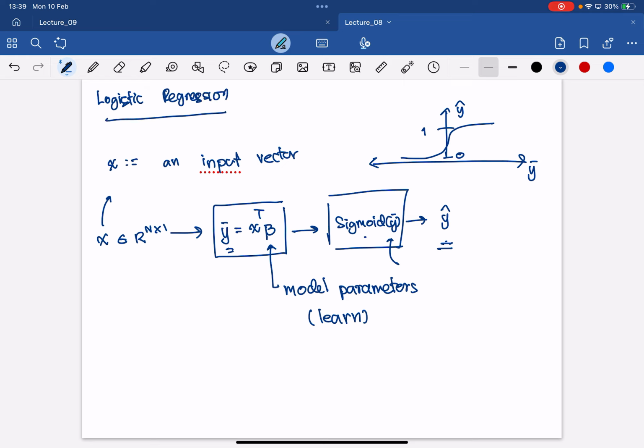What is the importance of logistic regression is that whatever we get as the output here, since it's a value between 0 and 1, immediately, if we use a thresholding of maybe 0.5, you can use this output y hat for classification, like binary classification.